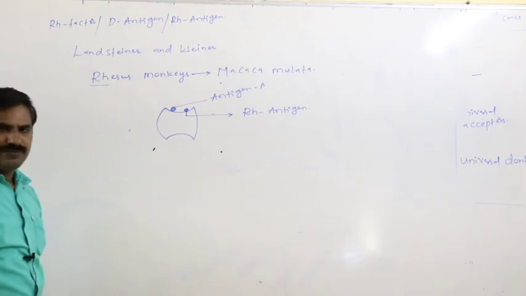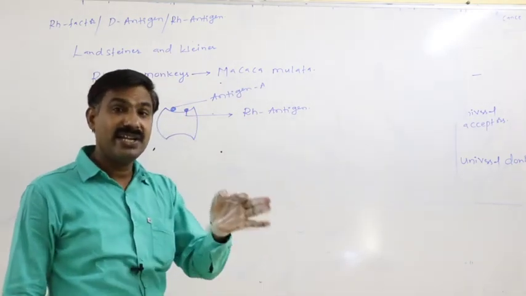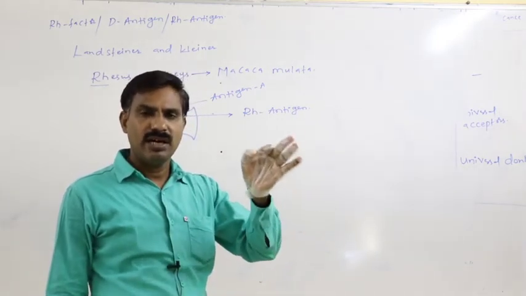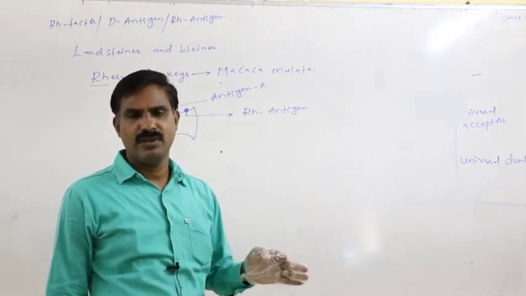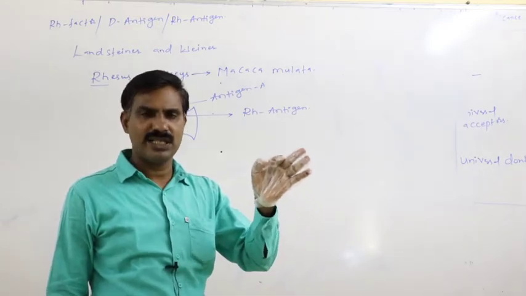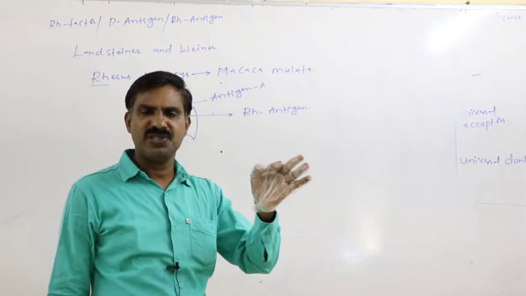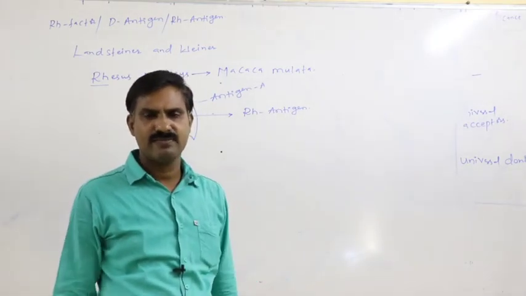This RH antigen is an additional antigen. Normally antigen A is present, antigen B is present. In an A blood group person, antigen A is present on the surface of the RBC. On the surface of RBC of a B blood group person, antigen B is present. They are normal antigens.